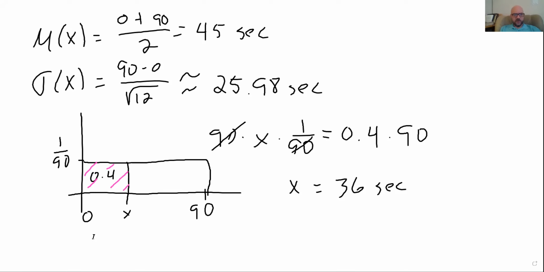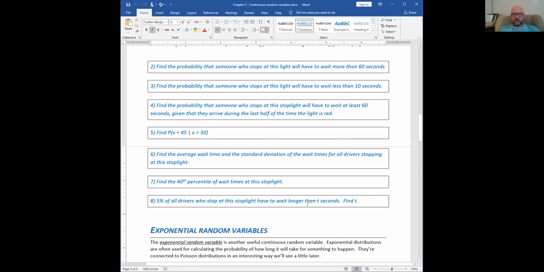Yeah, 5% of all drivers who stop at this stoplight have to wait longer than t seconds. Find t. This is a very standard but confusingly worded question that you really have to think about. So let's go back to the picture.